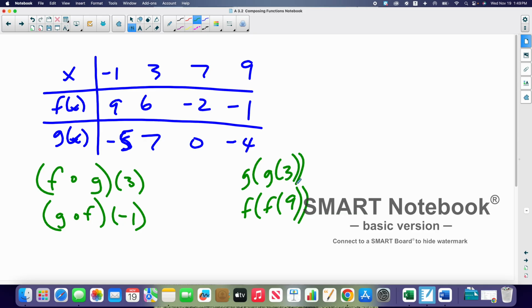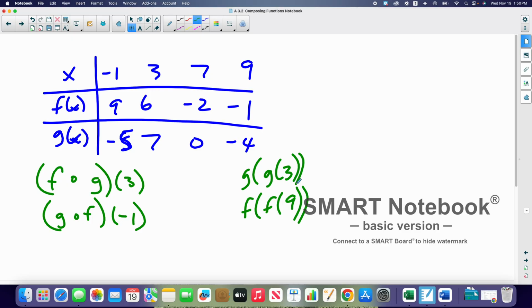Okay, so what function is that saying? Okay, so what's g of 3? There's no 3 on there. Look at x. When x equals 3, what is g of 3? That's x, not g of x. Wait, when x is 3. Look. x is 3. g is 7. So that means 7.